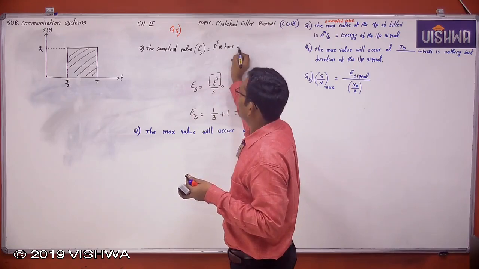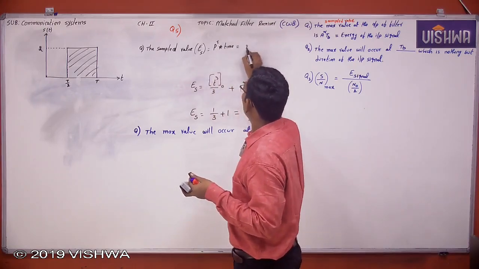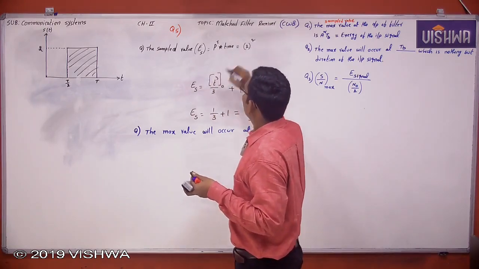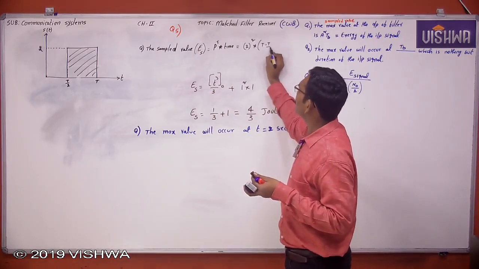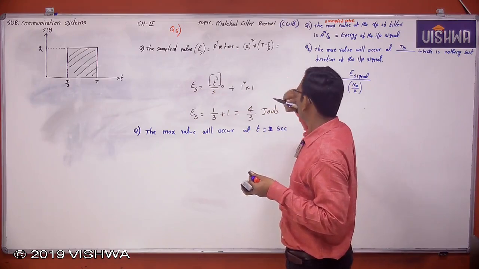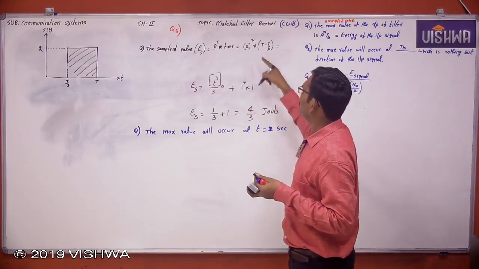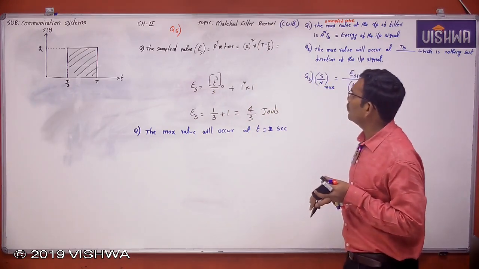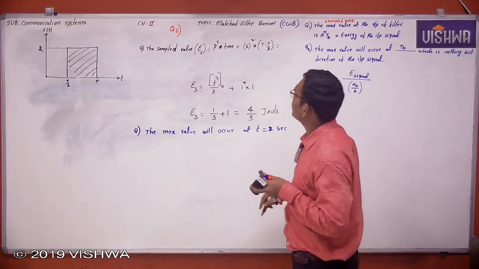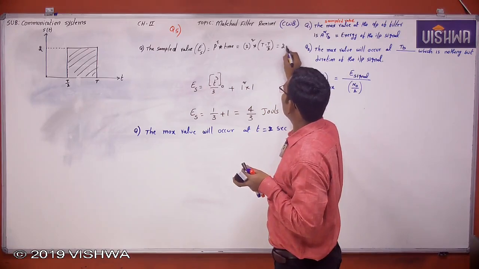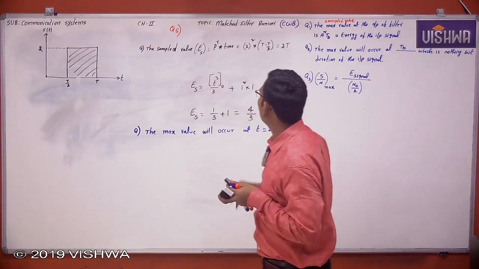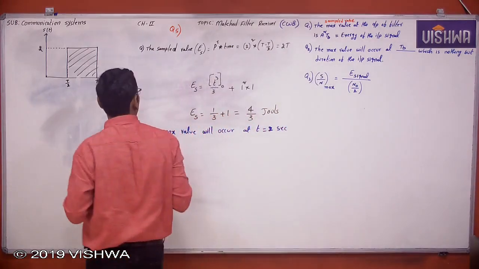What is the power? Power is nothing but 2 square, into time. Time is nothing but T minus T by 2. Now 2 square means 4, into T by 2, which is 2T. Now this is the sample value, or the maximum value, at the output of the filter.